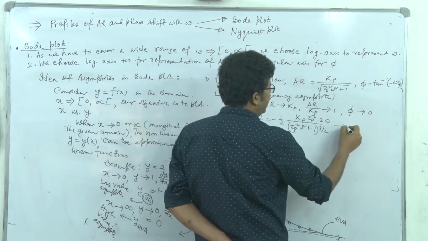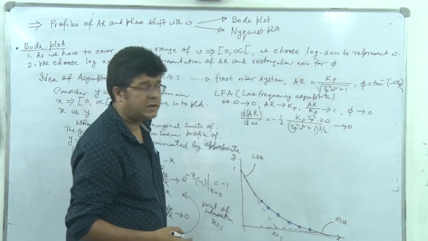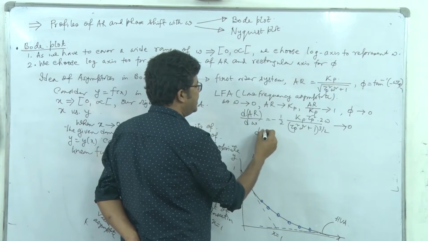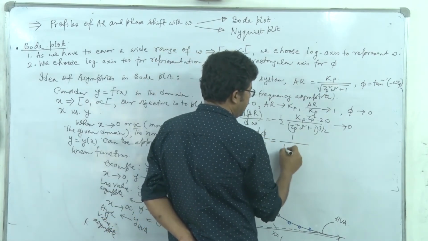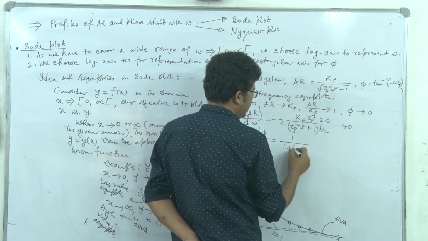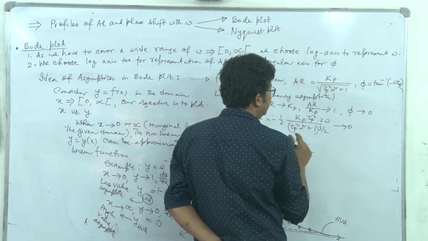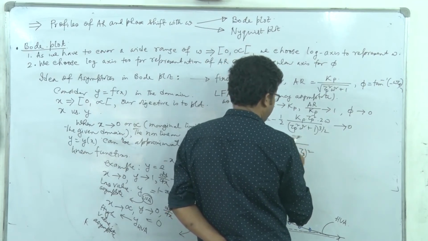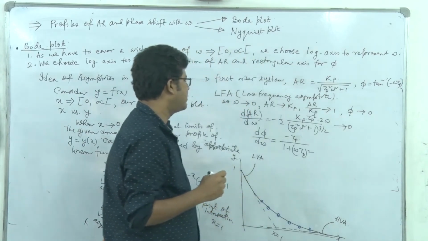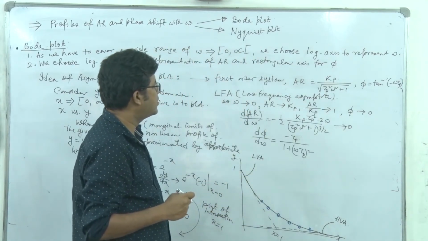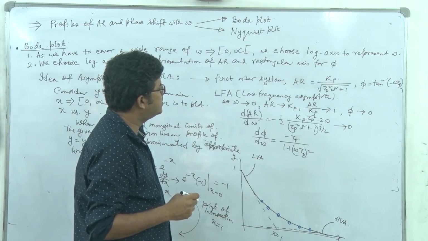So that must tend to 0 because an omega is there in the numerator, and additionally d phi d omega is 1 divided by 1 plus (tau p omega) whole square, tan inverse derivative, multiplied by minus of omega, sorry, minus of tau. Right?